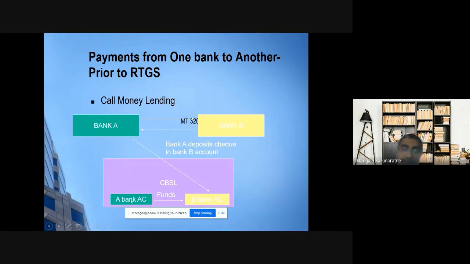They will post a debit to central bank account of Bank A and post a credit to central bank account of Bank B. So this was just an example prior to RTGS, how a call money lending was settled, right? How lending was settled is something like this. Okay, we will go to the next slide.